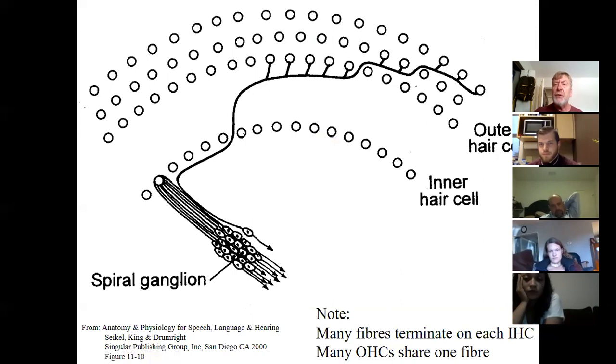Outer hair cells communicate with another nerve that goes parallel to the eighth nerve, and it's called the, like olives, no pimento, but olivo-cochlear bundle, OCB. Olivo, O-L-I-V-O, cochlear, C-O-C-H-L-E-A-R, olivo-cochlear bundle.